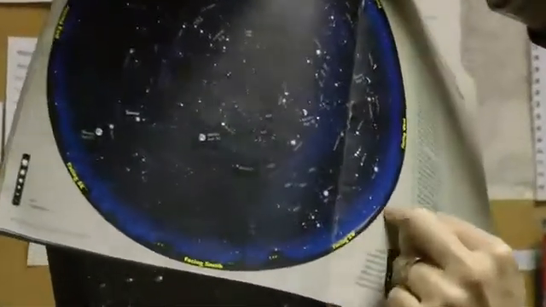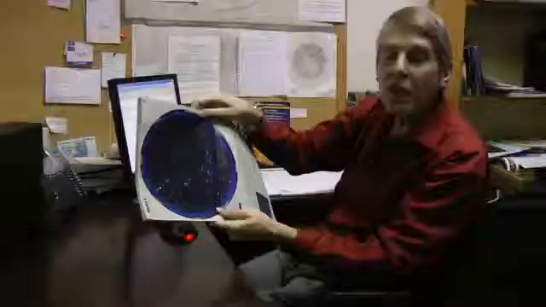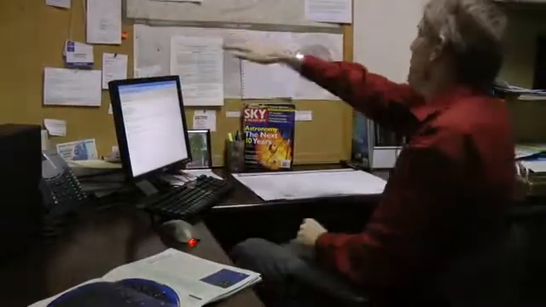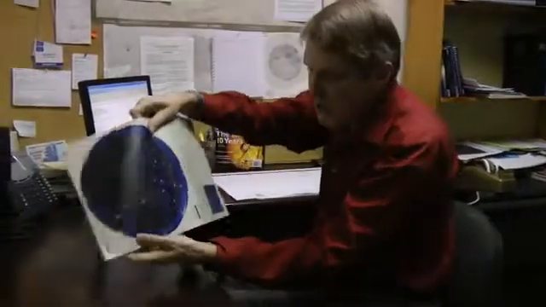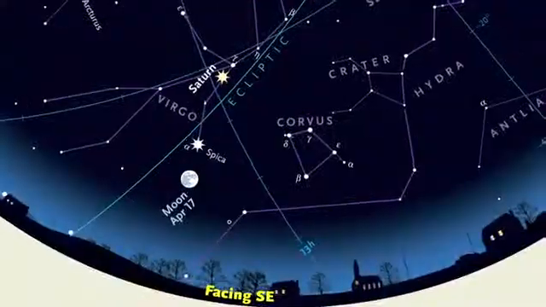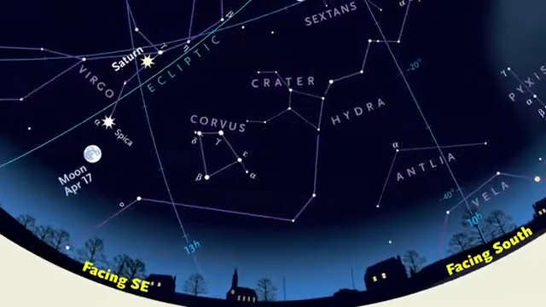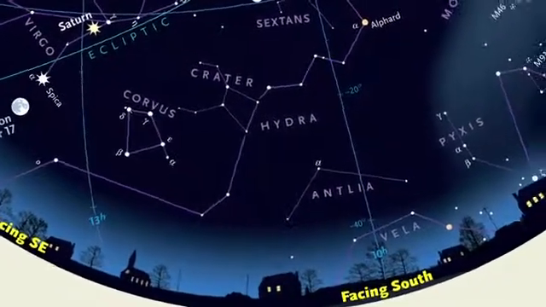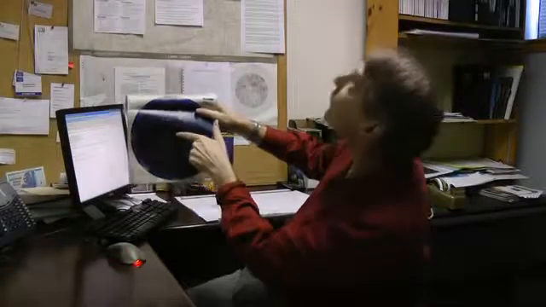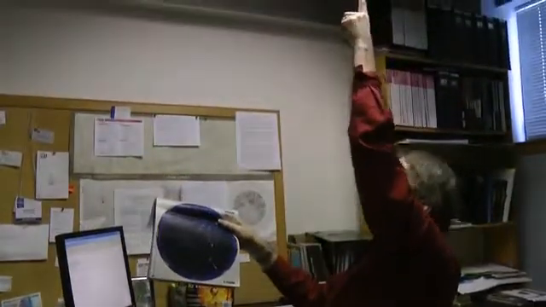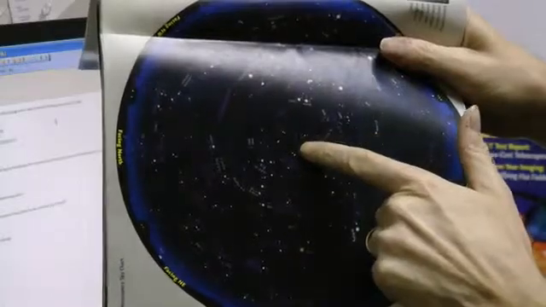The edge of the circle is the horizon, all around you, as if you were turning around and looking horizontally in a complete circle. And as you can see in here, it's got little trees and houses along the edge to show you that this is the horizon. In the center of the map is the sky straight overhead, up at the zenith.